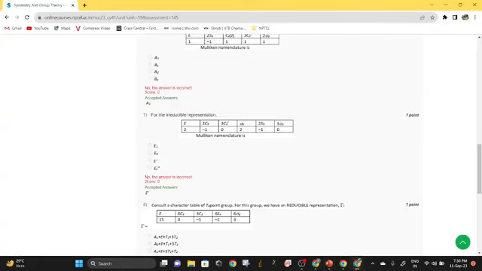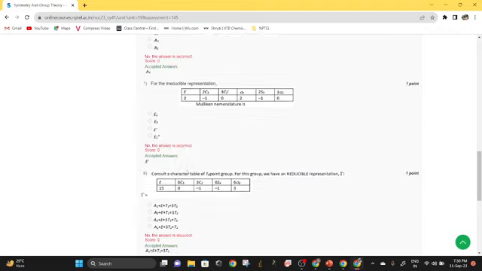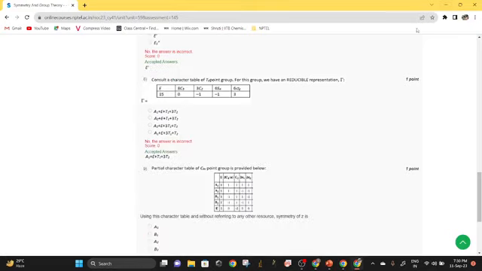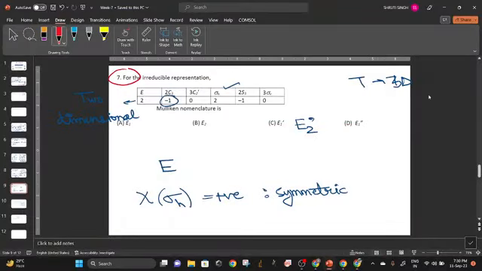Here one is missing and the answer is given as E dash, meaning it is not considering the principal axis, just the molecular plane. Leave this question, I'll surely tell in the next class. I'm sorry for the confusion.